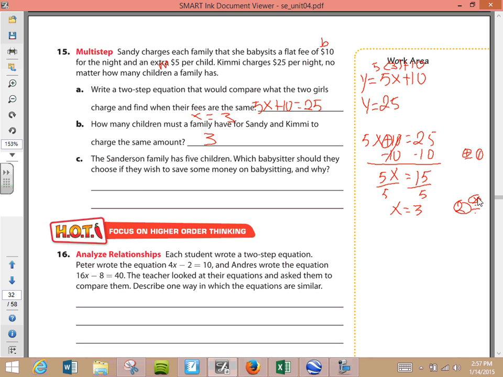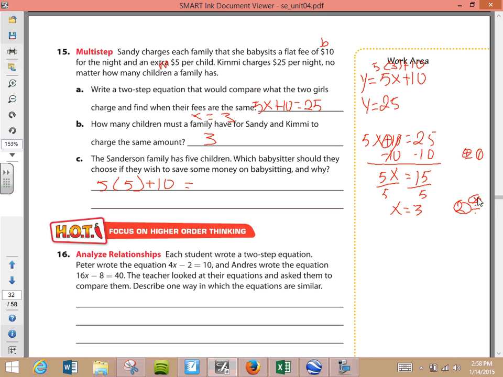What does the X represent? How many kids, right? So we don't know. It could change. But in this situation, in letter C, they're telling you, what if they had 5 kids? So how do you find out the price? Plug it in, right?